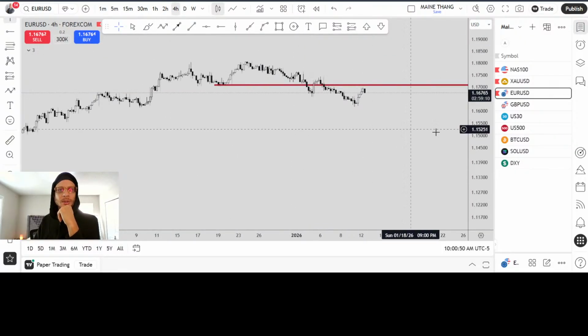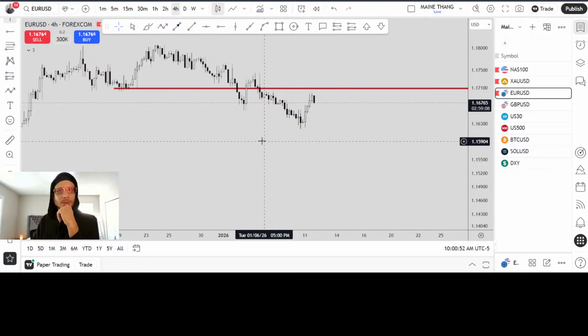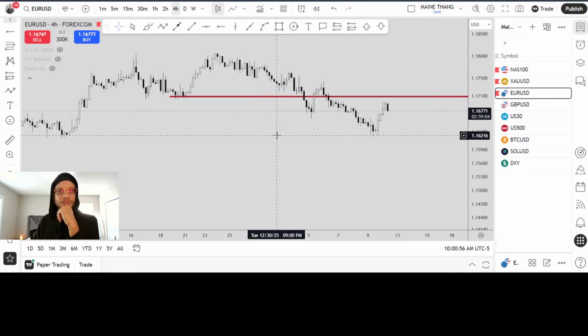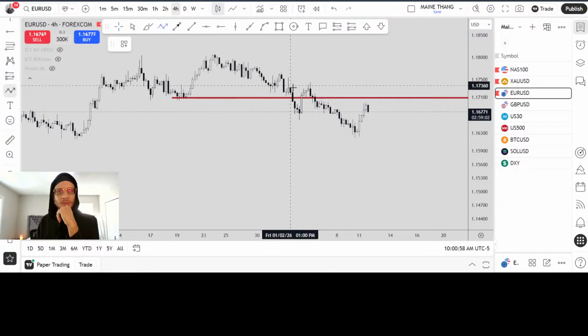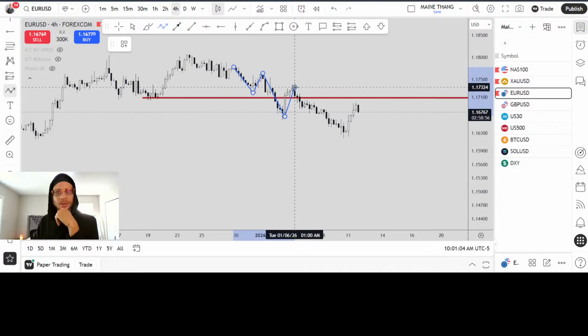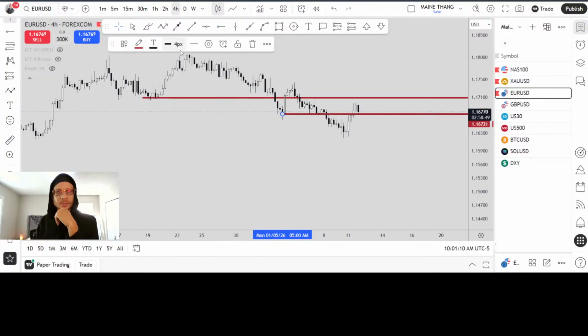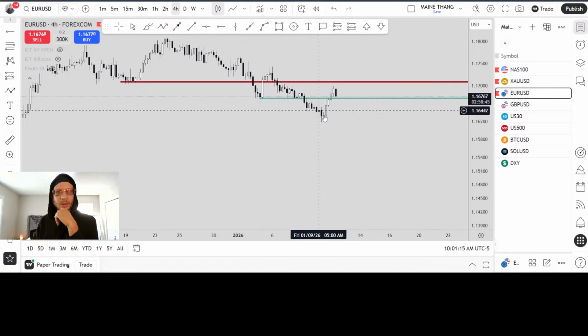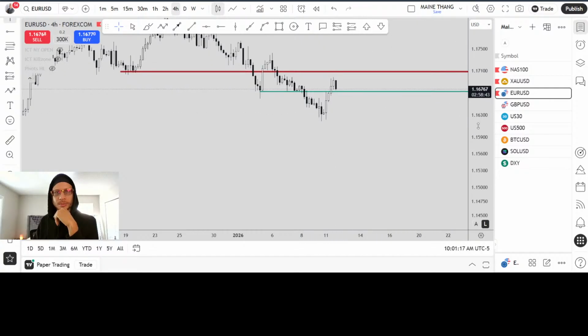Go to the 4-hour. Indication, correction, indication, correction on the 4-hour. Got the indication on the 4-hour, in correction mode right now.